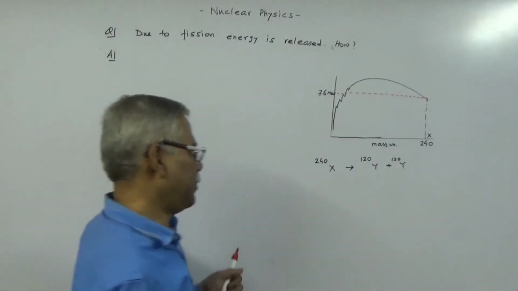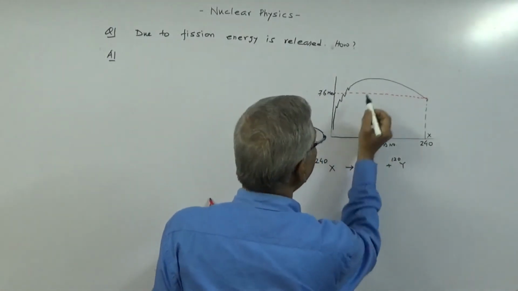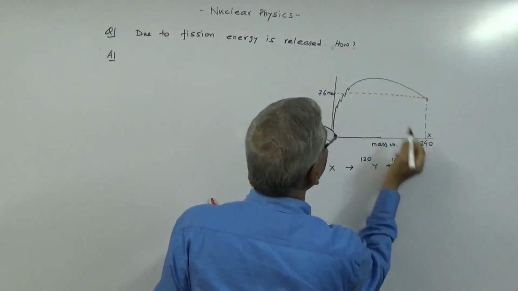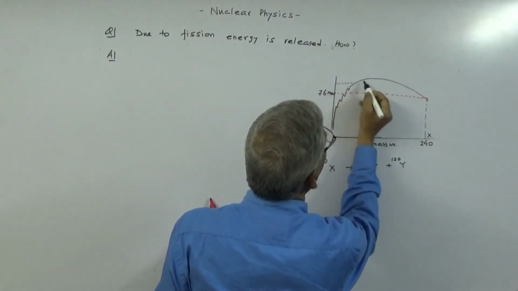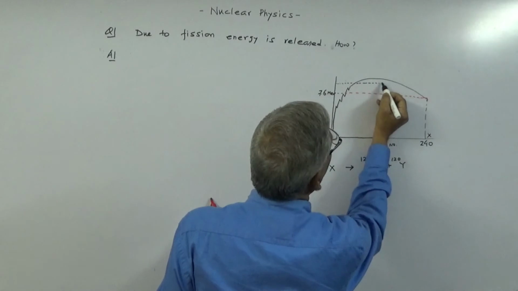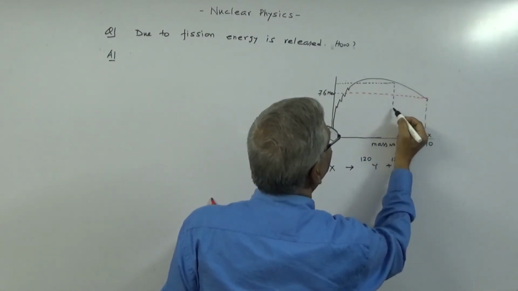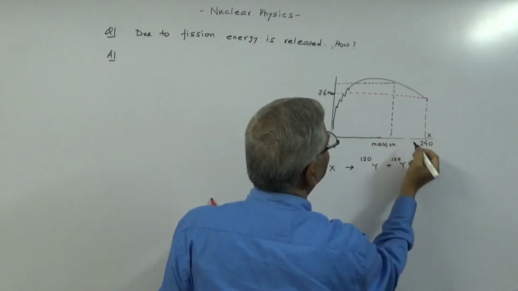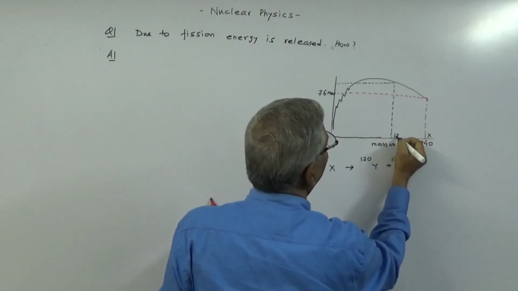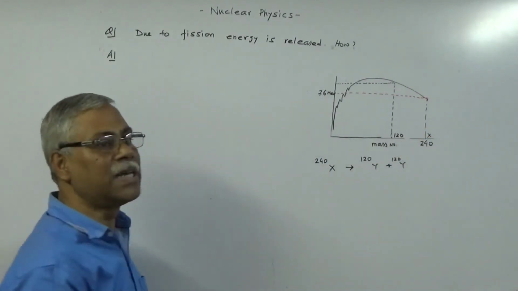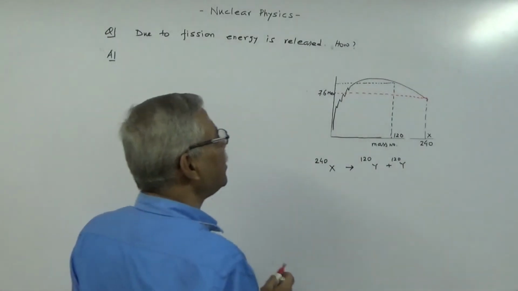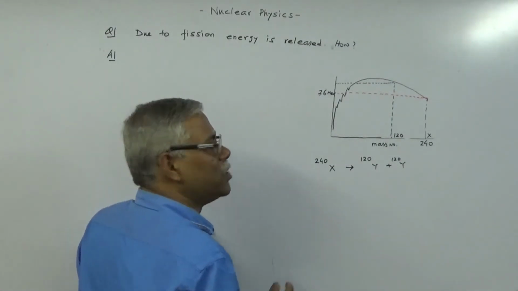Okay? 240 becomes 120 and 120. For the element with mass number 120, the binding energy per nucleon figure is with us.